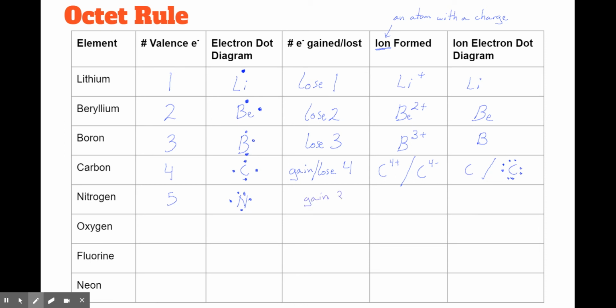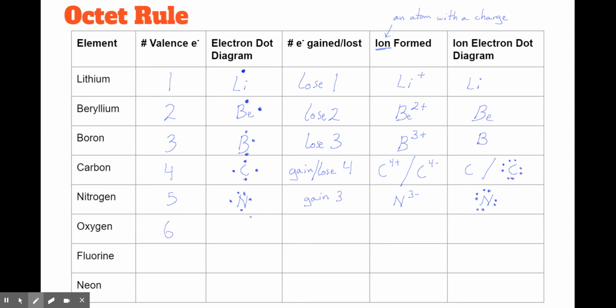So nitrogen's going to gain 3, which means what happens to the charge of something when it gains 3 electrons and an electron is negatively charged? Well, it's going to form a 3 minus charge. And that will complete its octet.